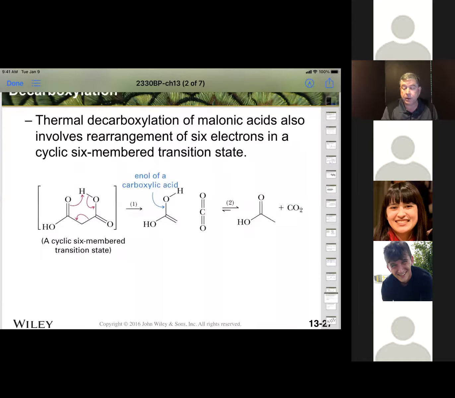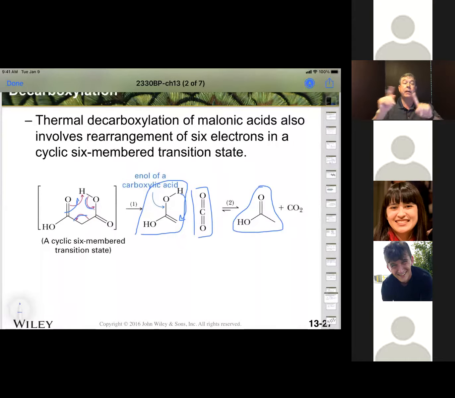Then we flip our electrons here, and then here, and then here, giving us our enol form of our carboxylic acid and CO2. And then this hydrogen gets transferred back to give us our full carboxylic acid. Notice we still lose a carbon, but we had 2 carboxylic acids to begin with, and we ended up with 1 carboxylic acid at the end.